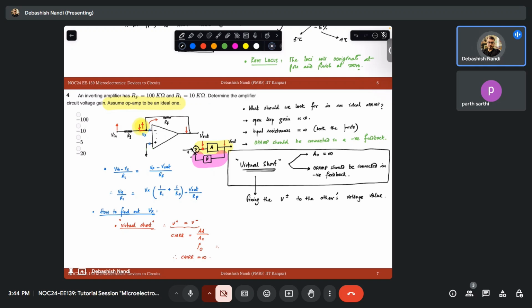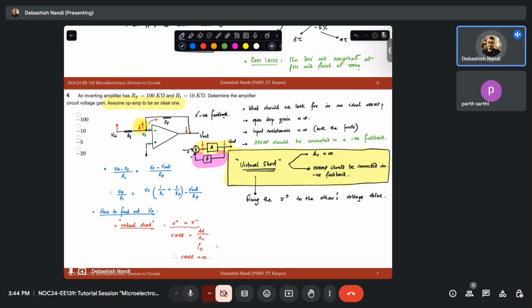That means if your feedback is at V plus, you are trying to fix it at the voltage of V minus. So it is a kind of fixating of a voltage to a desired value. That is only achieved by negative feedback. So you should always be cautious about this point. There will be some tricky questions where it may seem that your device is in negative feedback, but you should always check first whether your device is in negative feedback or not. And then you apply the virtual short configuration.